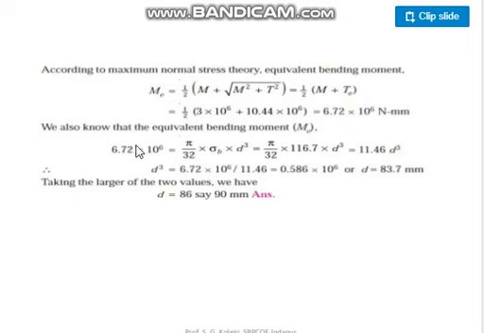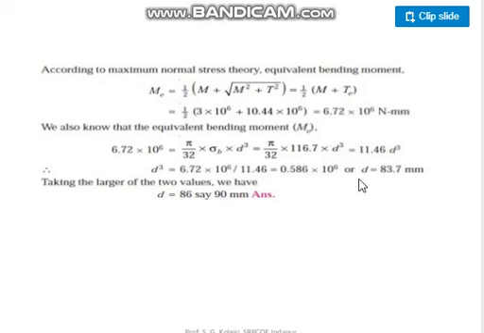Okay, so now we know the formula. We have equivalent bending moment, that is M_E equal to pi by 32 sigma_b d cube. This is the formula that we are using, and you substitute in this, you will get d to be 83.7.